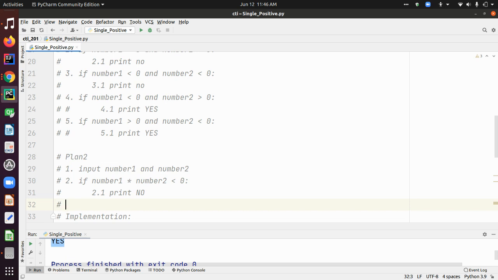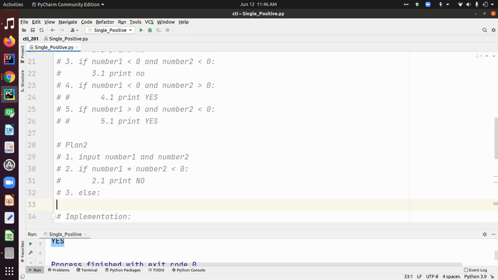Else, 3.1 print yes. Oh, this should be print yes. Sorry about that.